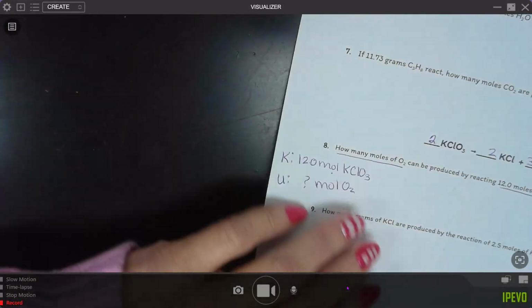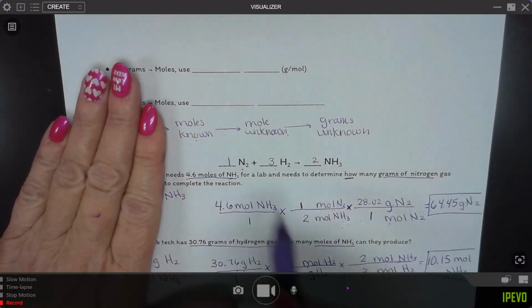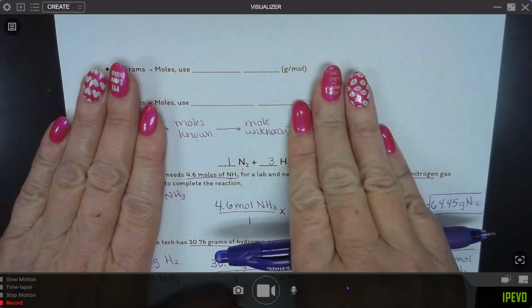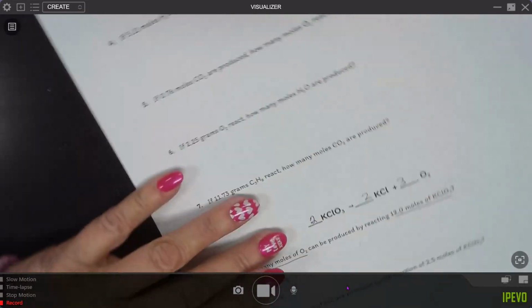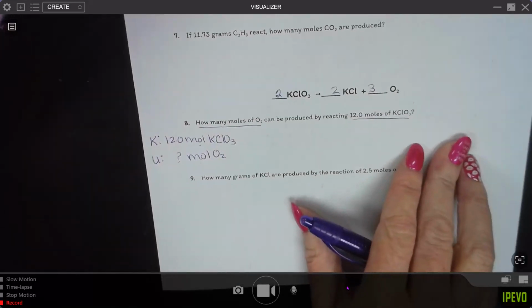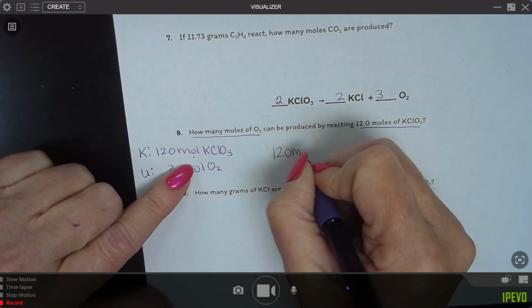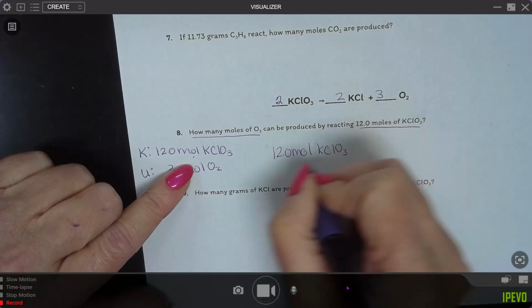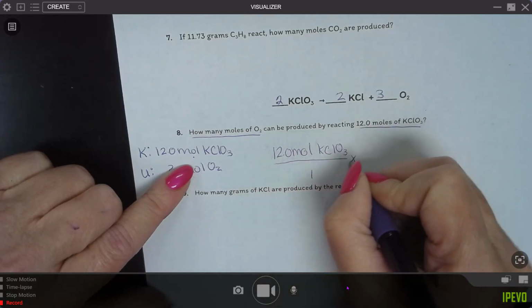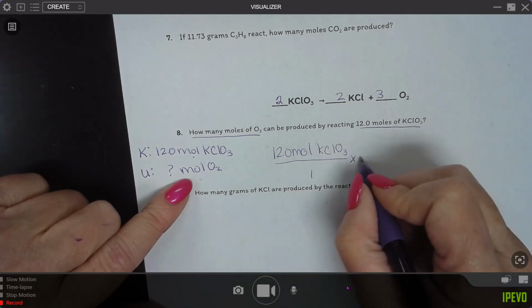So let's flip back to our mole map for just a minute. All right. So I'm starting at moles of known, and I'm ending at moles of unknown. So this is literally one conversion. Okay. So let's look at that. So I have 12 moles of KClO3 over 1. And then I'm looking for moles of O2. So I'm going to bring units down in diagonal.